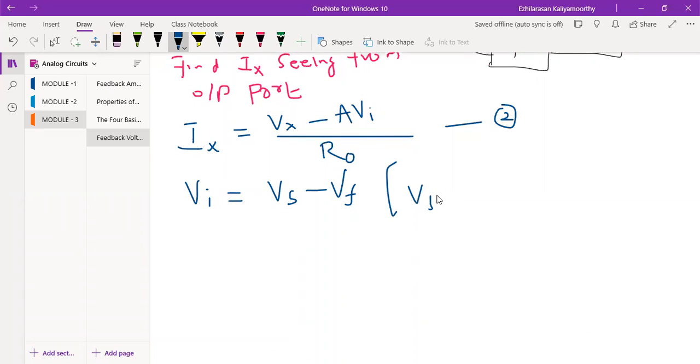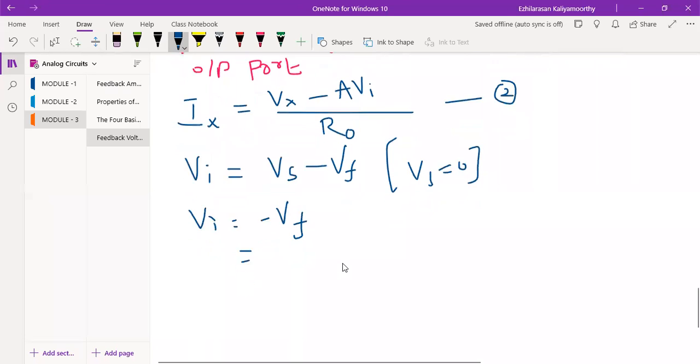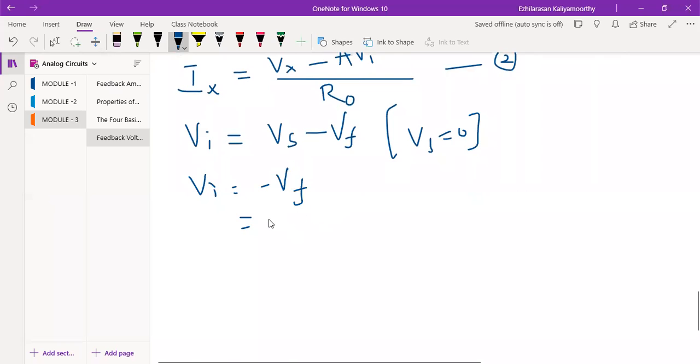So here we know that Vs is equal to 0. So Vi is equal to minus Vf. We know that Vf is nothing but beta, so minus beta into Vx.